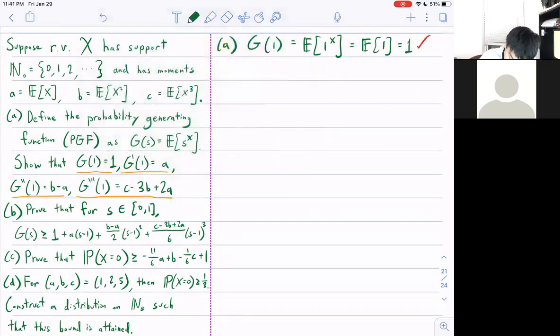Then for the next one, the derivative of this expression evaluated at 1. Well, that's the same thing as the derivative of the expected value of s to the X. Now, we're going to have to assume some regularity properties to allow us to bring the derivative inside the integral.